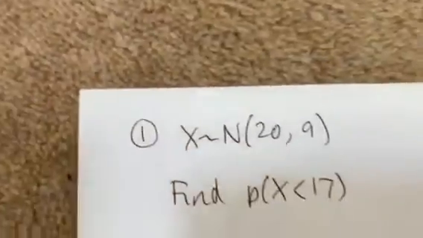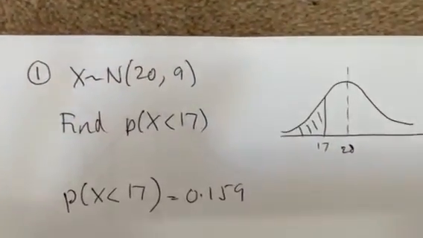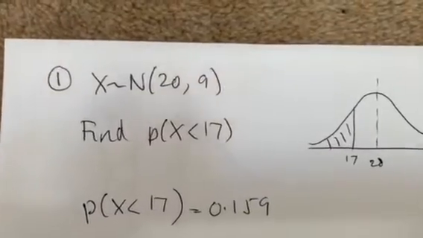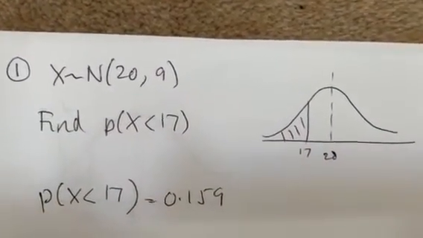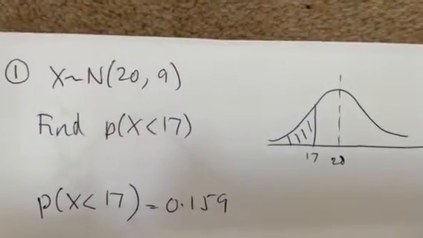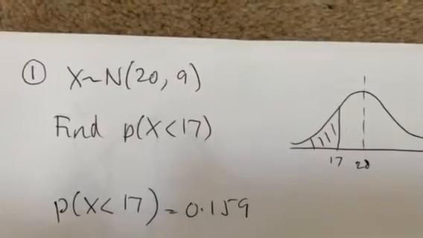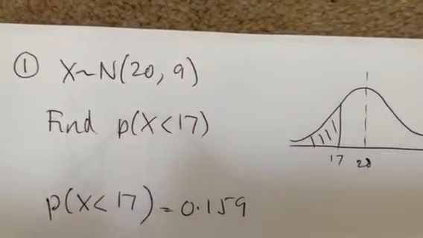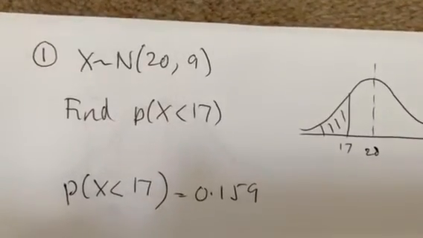Right, examples. Our first example is a straightforward normal probability that you would use your calculator for. If x is normally distributed with mean 20 and variance 9, a little sketch makes it easy to visualize. The probability of x being less than 17. Now the normal distribution is a continuous distribution, so x less than 17 is the same as x less than or equal to 17.